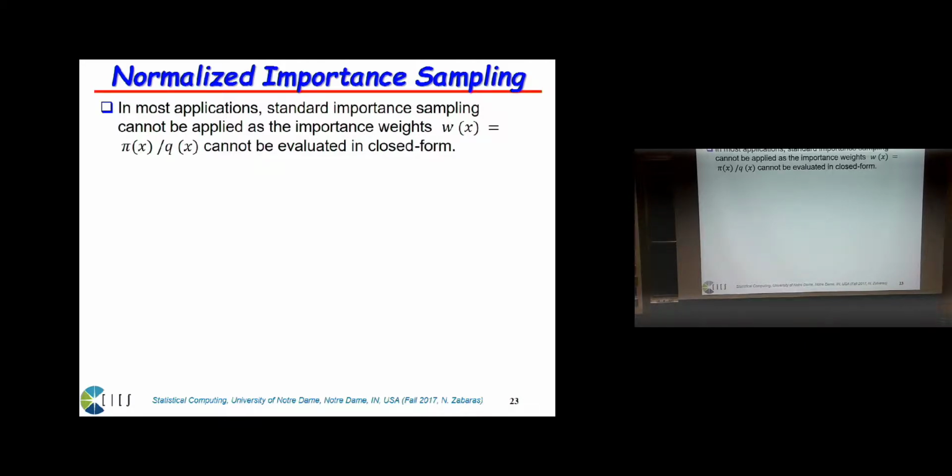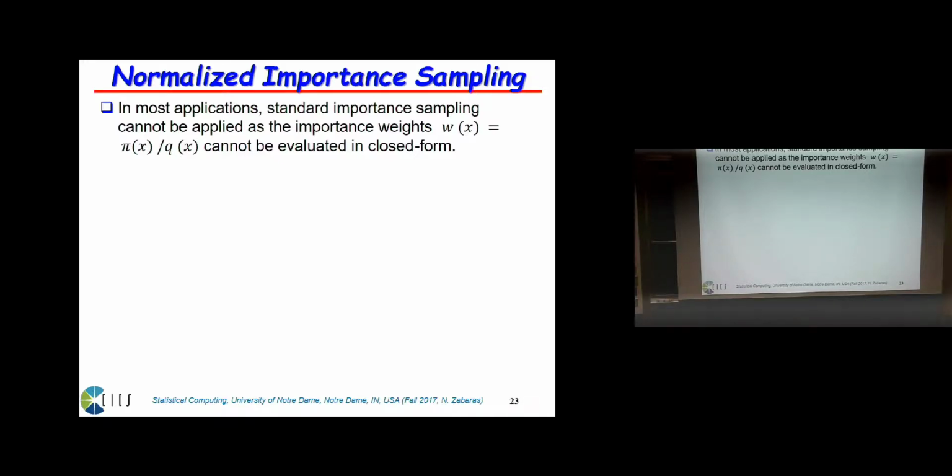All right, so we need to keep improving now this importance sampling technique. Suppose we don't know pi as a normalized distribution.